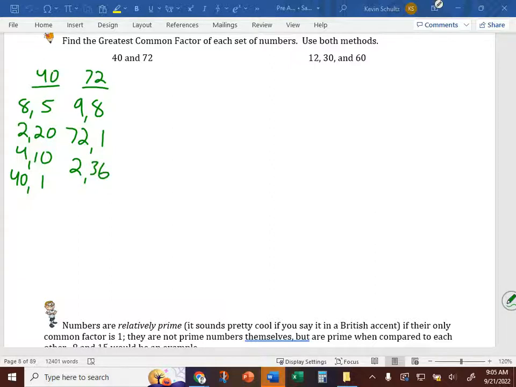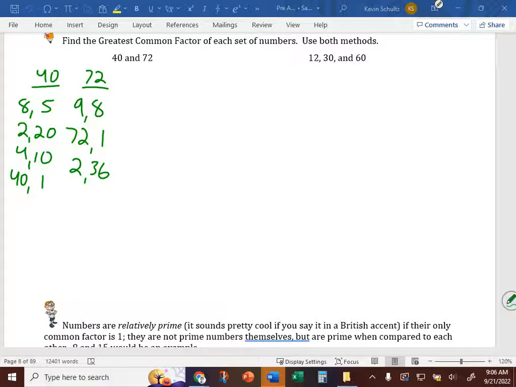Now, those that spent time with me over the summer, we play what's called the flip card game, and one of the things I have you do is practice factors. One trick that I always talk about that some of you might remember: once you get one factor pair, you can find others by taking half of one and doubling the other.